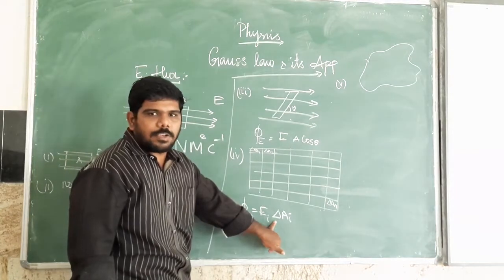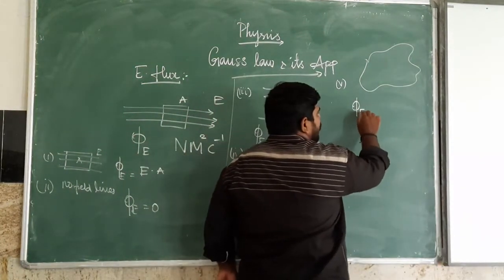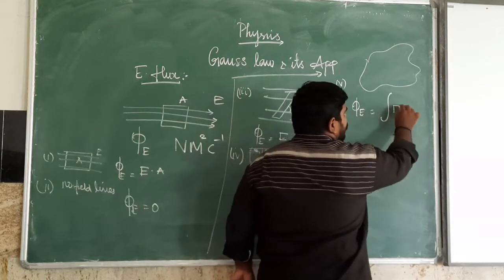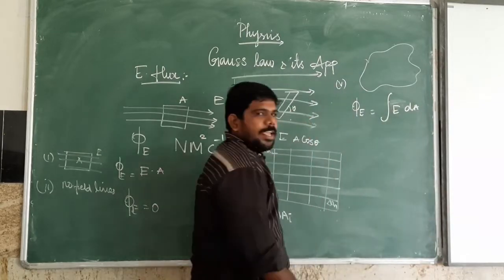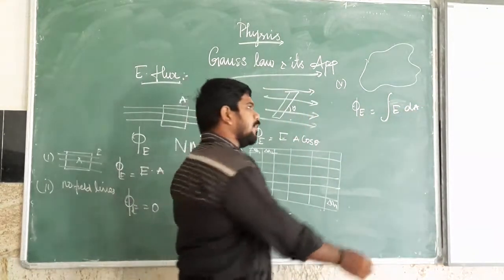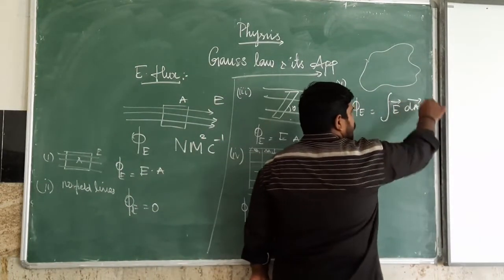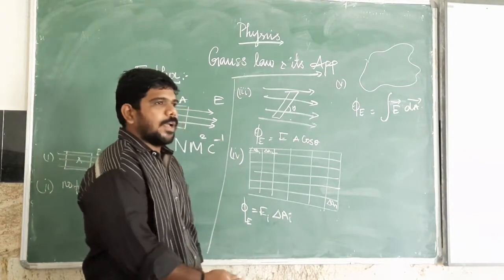So what we get? The total flux phi is equal to the integral of E vector dot dA, or E into dA. Otherwise, E vector dot dA vector. Clear? Clear.